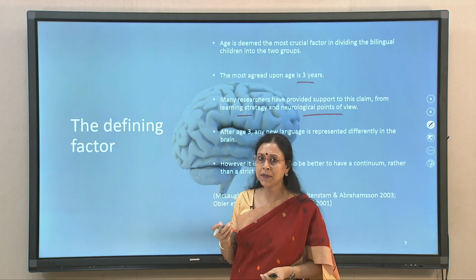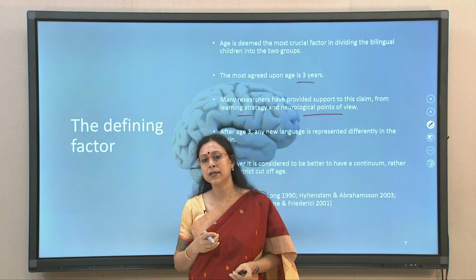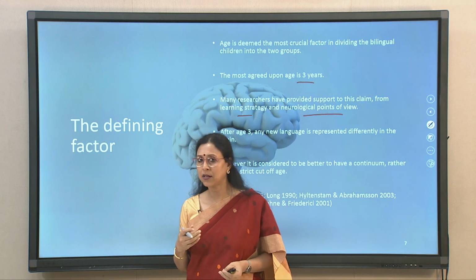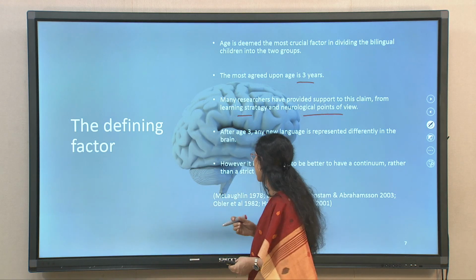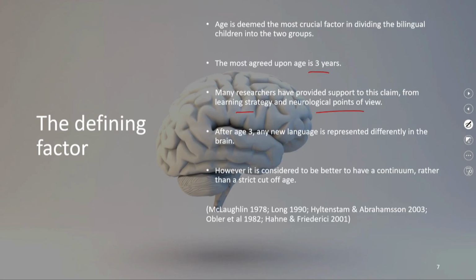Taking that same logic into consideration, the age 3 cutoff has been mentioned. After age 3, any new language is represented differently in the brain. That has already been studied. Before 3 years of age, the languages are represented in a particular area. After 3, some differences have been found.